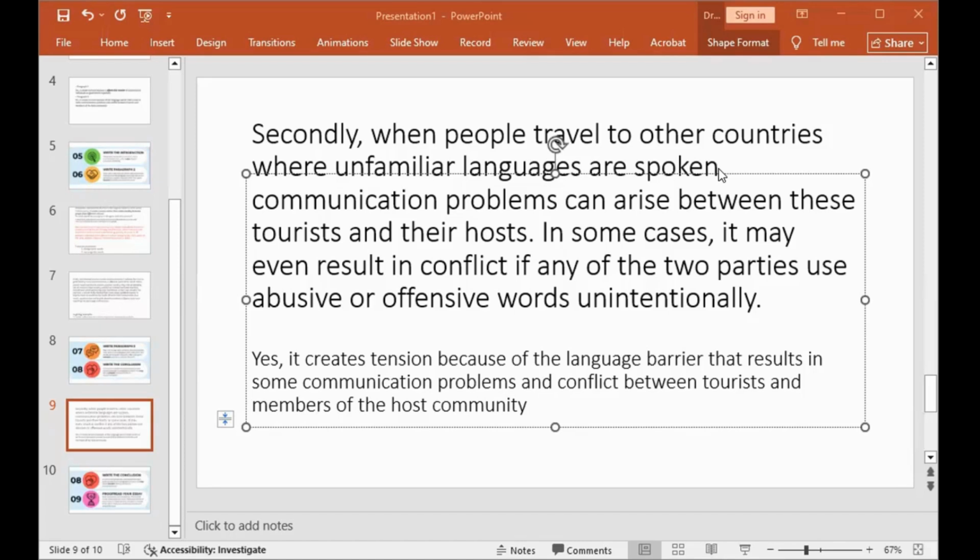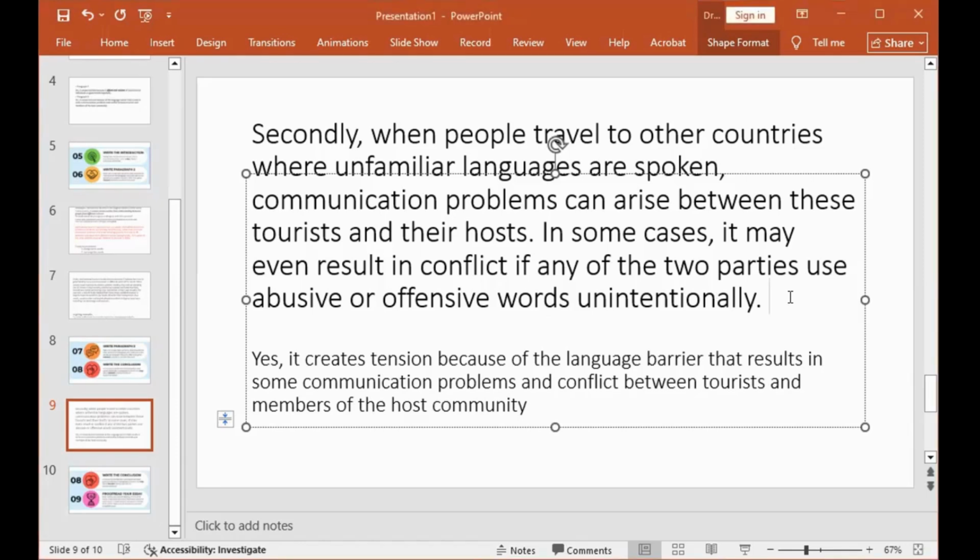Okay? In some cases, it may even result in conflict if any of the two parties use abusive or offensive words unintentionally. Okay? Let's give an example now.